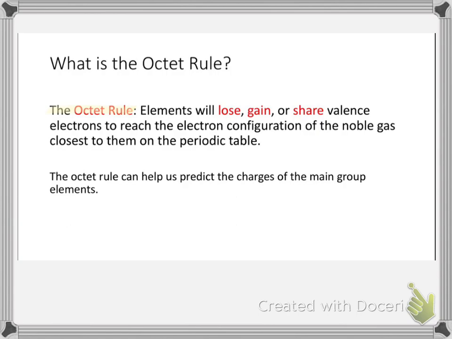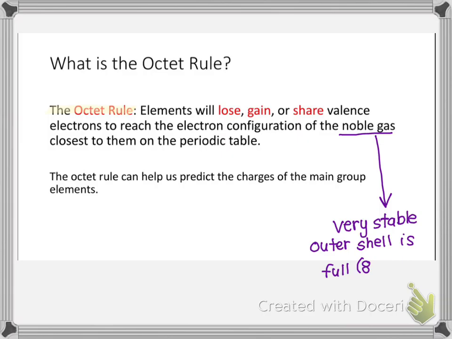So my question would be, why a noble gas? And the reason is the noble gas is very stable. Remember, 8 valence electrons are the maximum. Like you can't go over that. And so its outer shell, where the valence electrons are, is full.